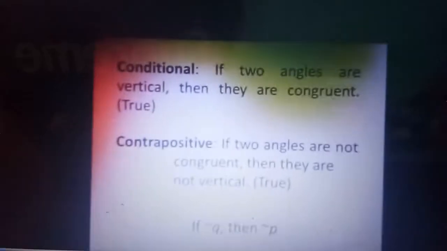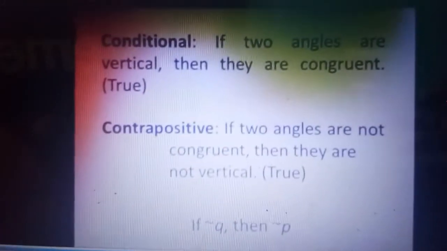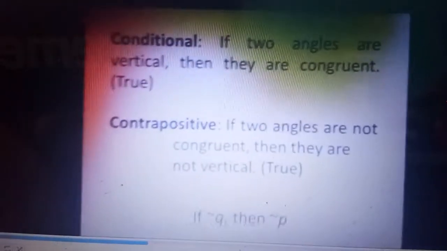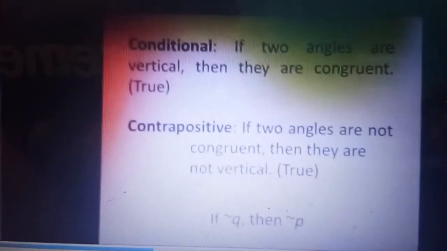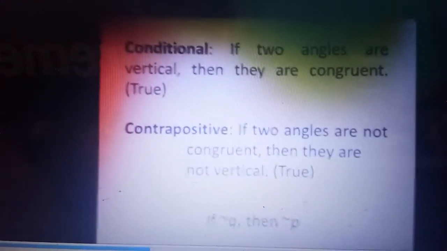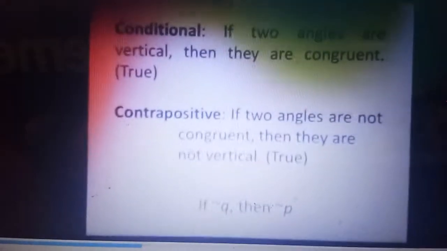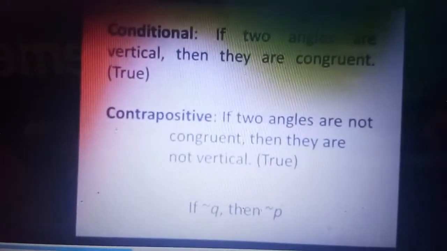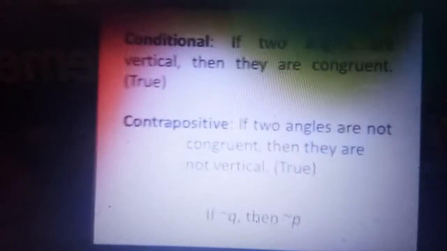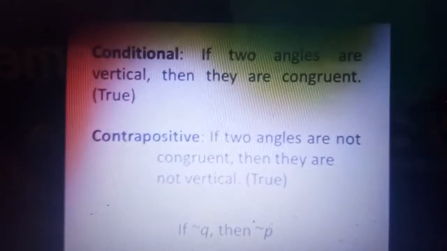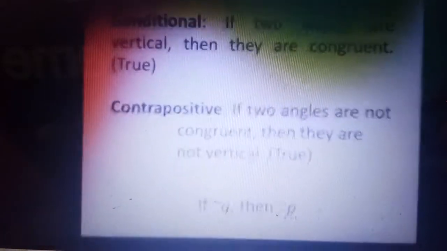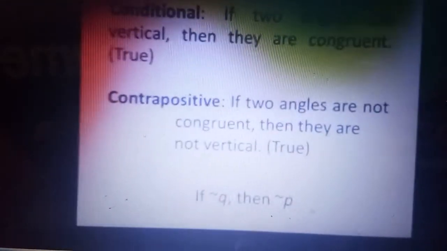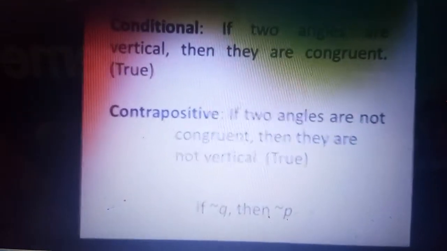The contrapositive is: if two angles are not congruent, then they are not vertical. Did you get what I pointed out? Again, our form is if not Q, then not P.